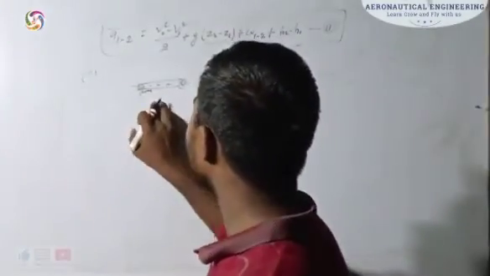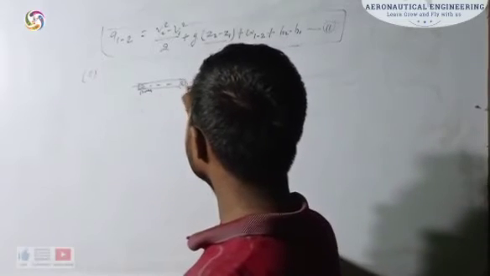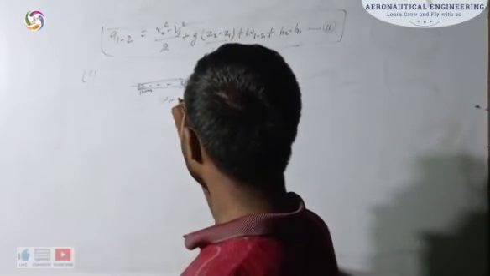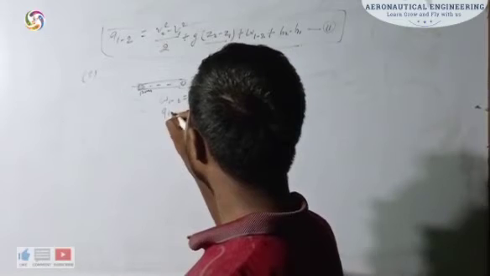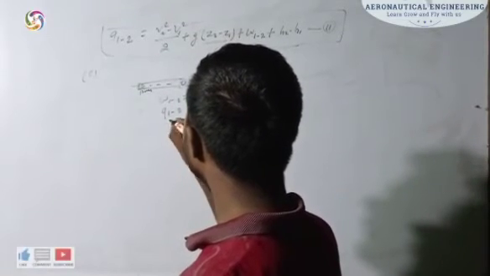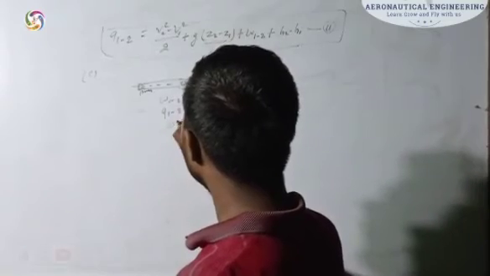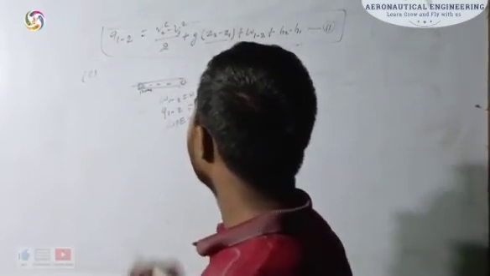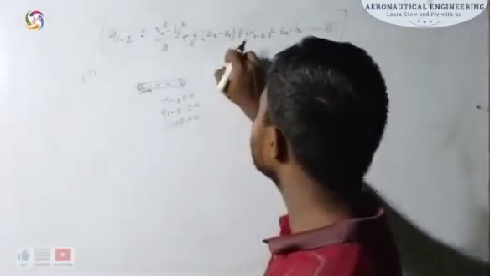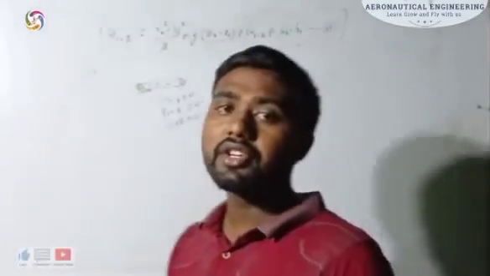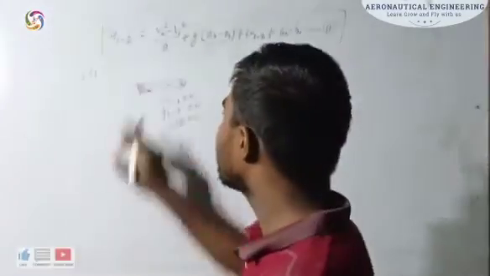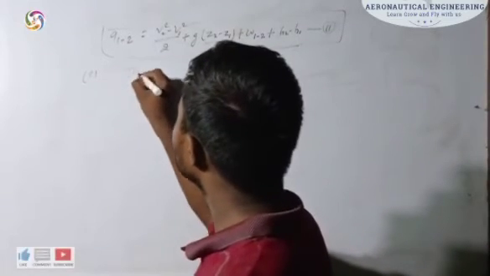So in case of throttling process, work done equal to 0 and heat exchange equal to 0. Potential energy equal to 0. If you are substituting this value in this equation, we get the steady flow energy equation in case of throttling process.